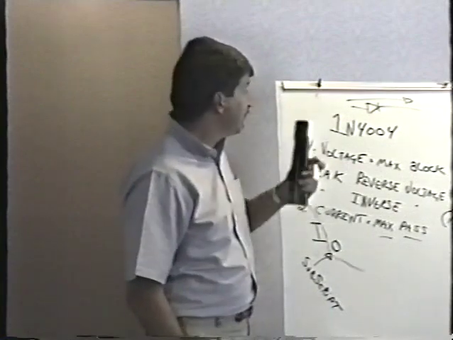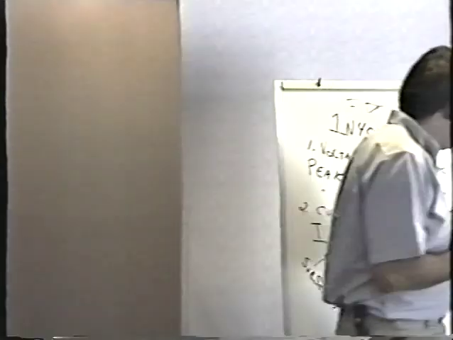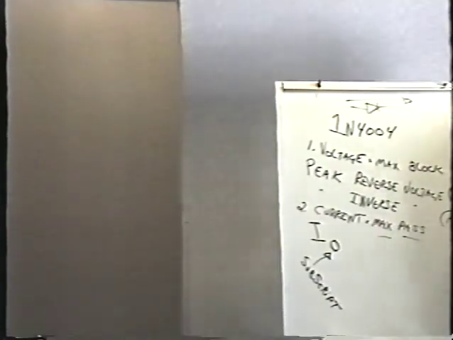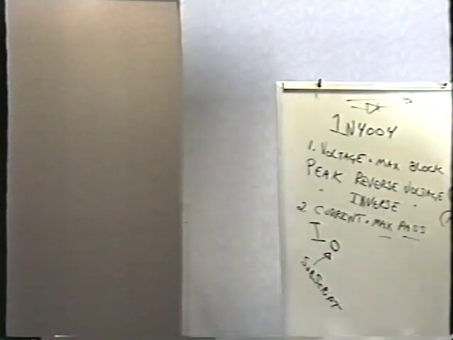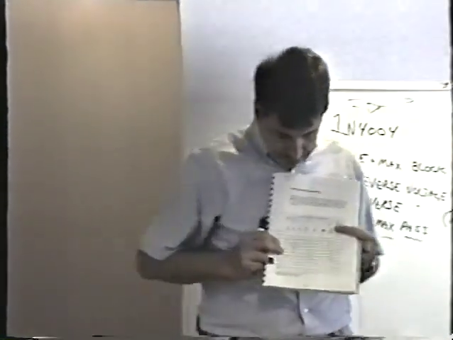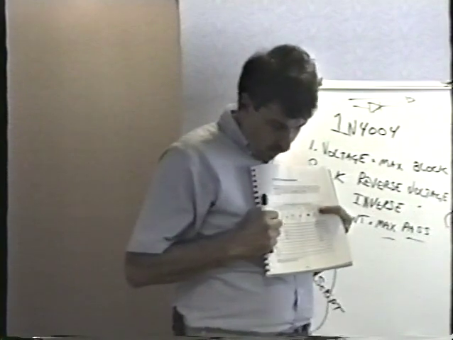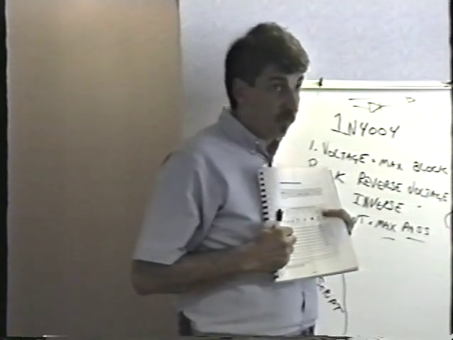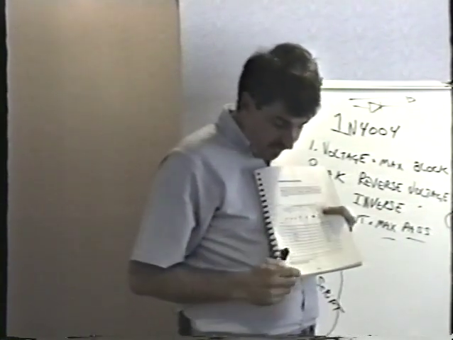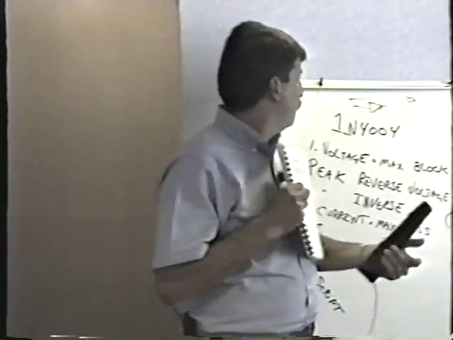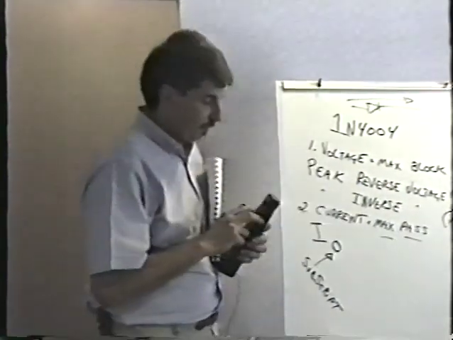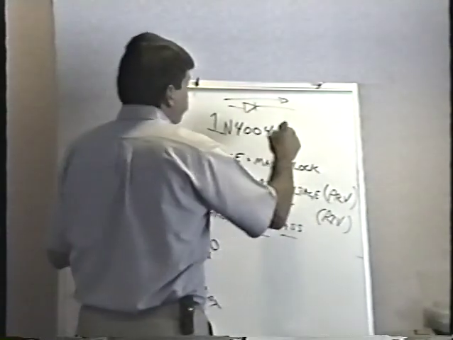All right, well, let's look this up. If you look on page R5, and you look down this far left-hand column here, 1N4000 series, the 4000 series, what is the voltage rating of the 1N4004? Sure, 400 volts.